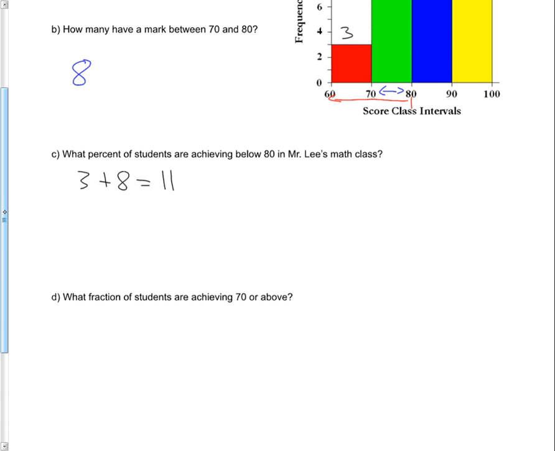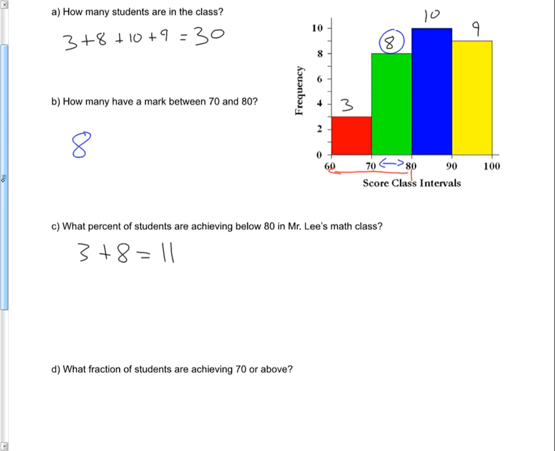The next question says, what fraction of students are achieving 70% or above? Well, if I want to figure out 70% or above, let's take a look at this line. Here's my 70 line, and I want to figure out all the students who are achieving 70% or above.